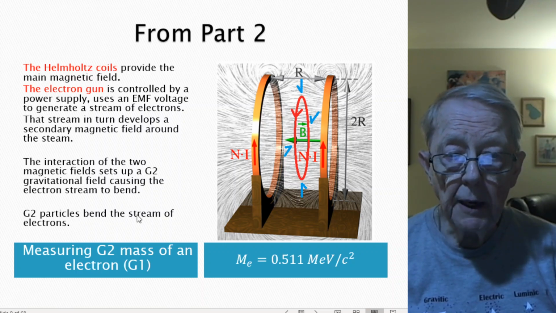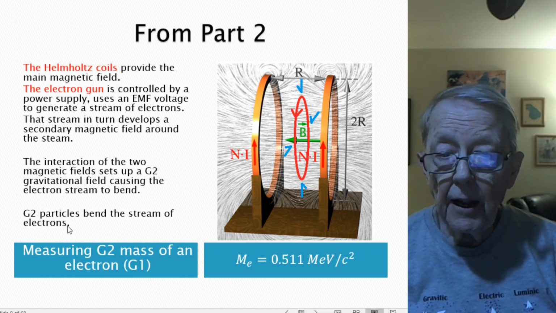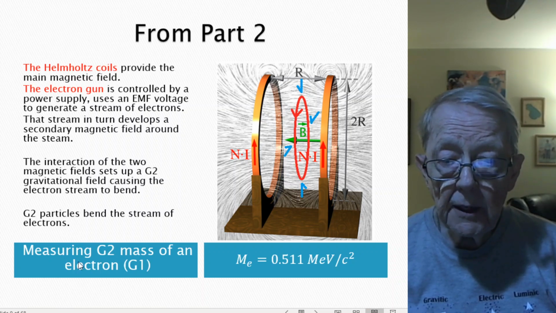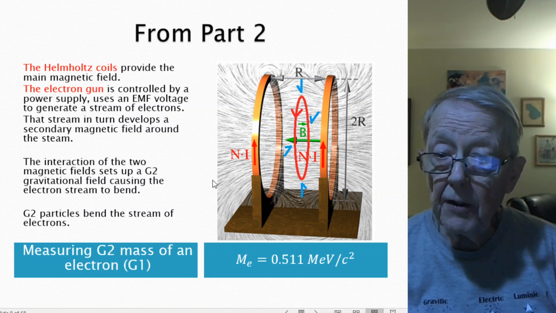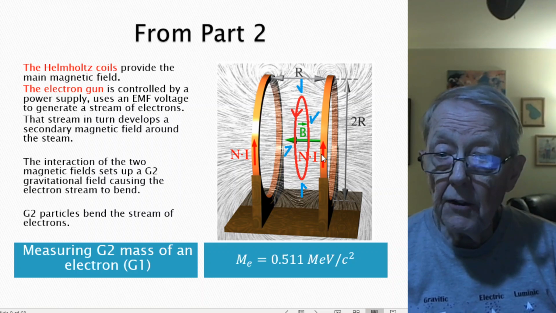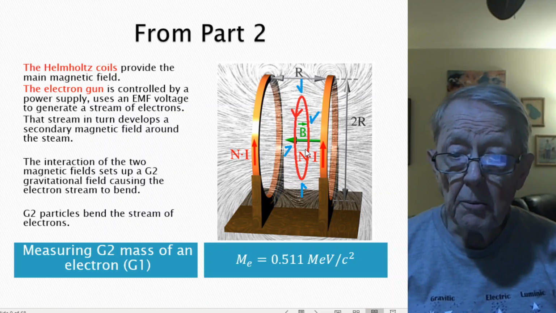G2 particles bend this stream of electrons. And so you're measuring G2 mass using magnetic fields and electric fields, and all of that is based on G2 mass. They're actually measuring it correctly. It's quite amazing.